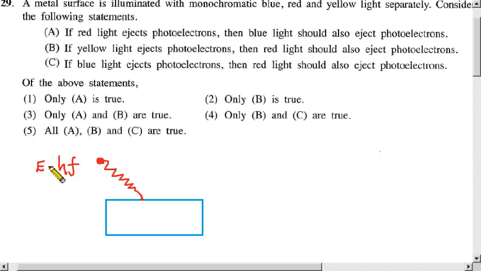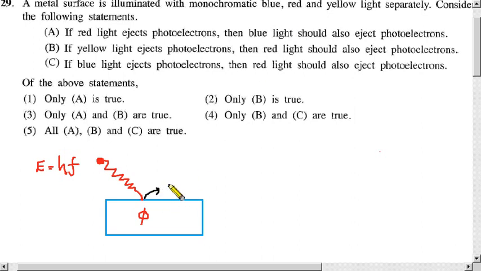The energy hf is used against phi, which we call the work function, to eject the electron from this medium.